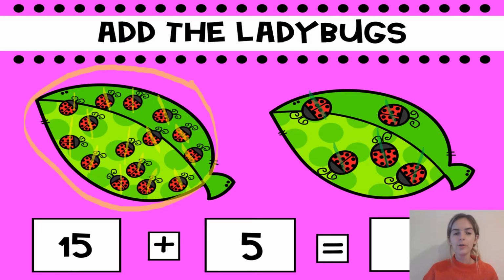Now, you can use a strategy of counting all of the ladybugs together, or let's try and put 15 in our heads and we'll count on. 15, 16, 17, 18, 19, and 20. The total is 20. 15 plus 5 equals 20.